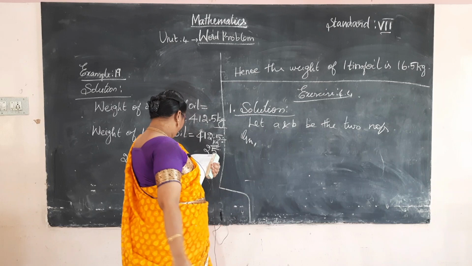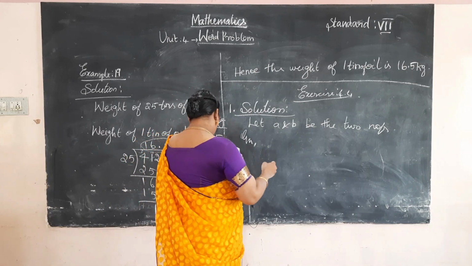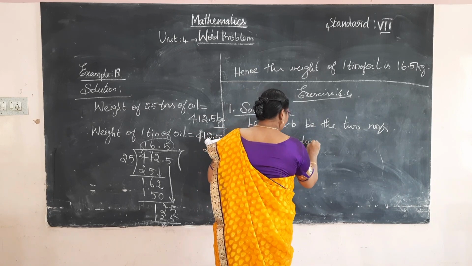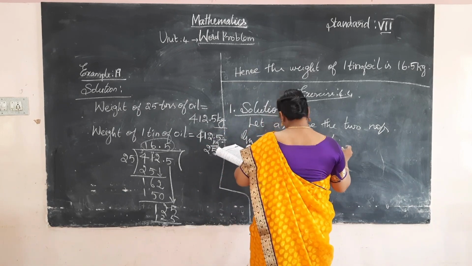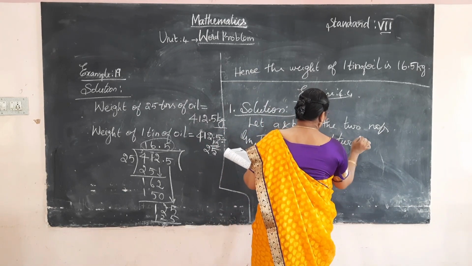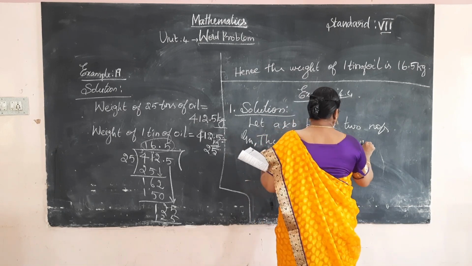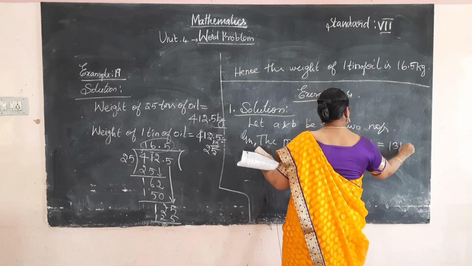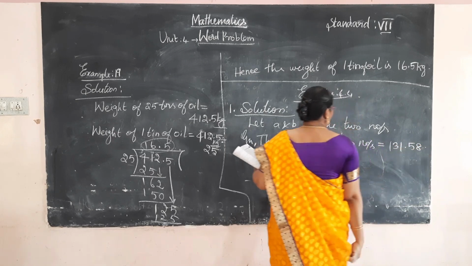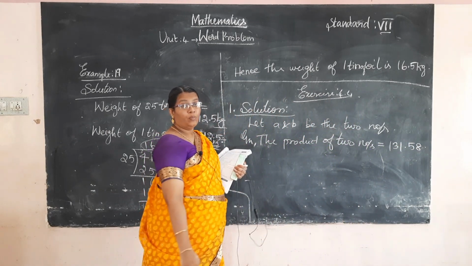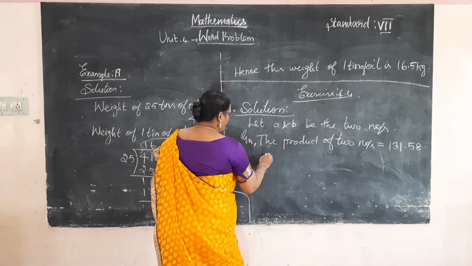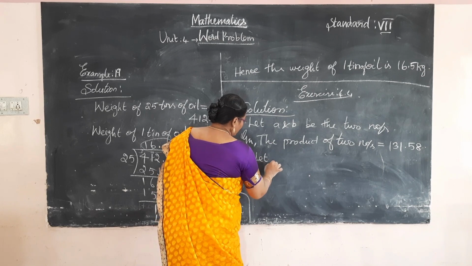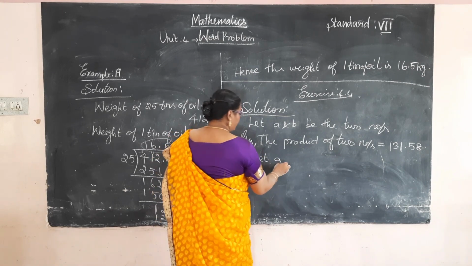What is that? The product of two decimal numbers is 131.58.